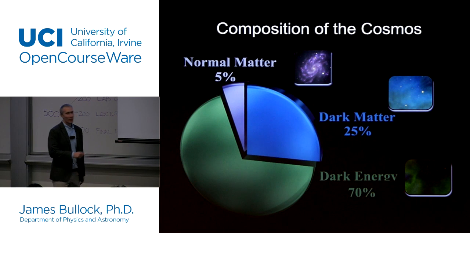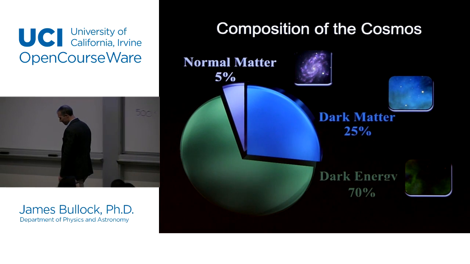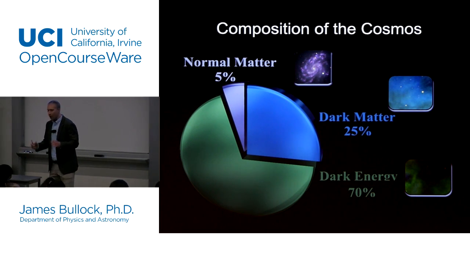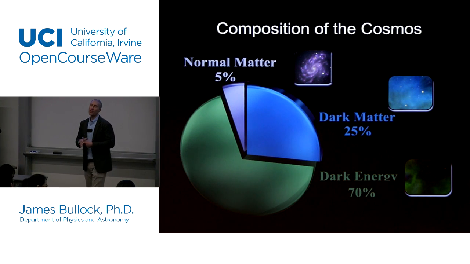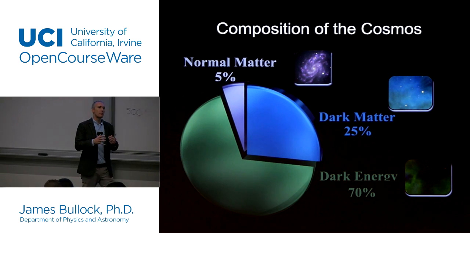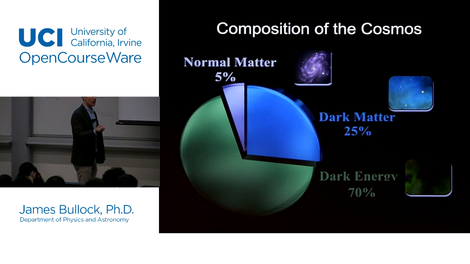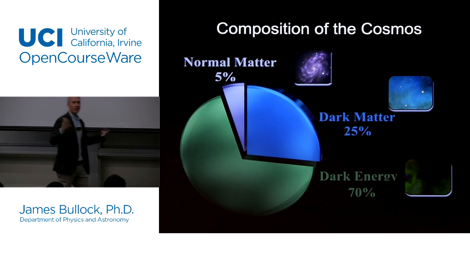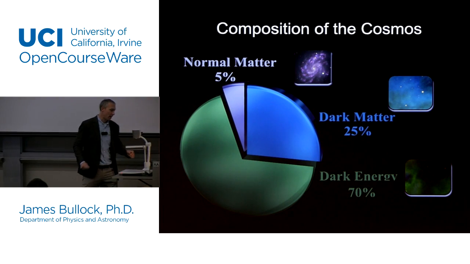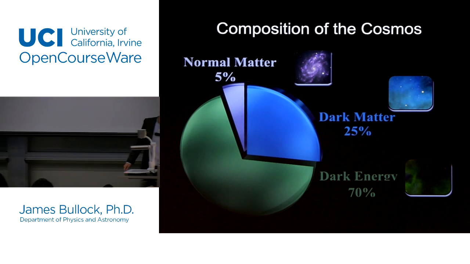And there's some even weirder stuff that's called dark energy. What dark energy is, it's a constituent of the universe that's basically driving the universe to accelerate in its expansion. It's as if the vacuum of space has an energy, and that energy is driving the universe to expand at a huge rate. But we'll talk more about that stuff later.